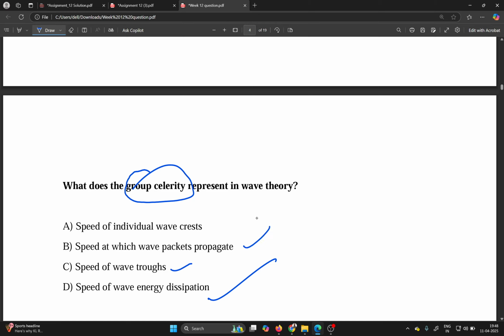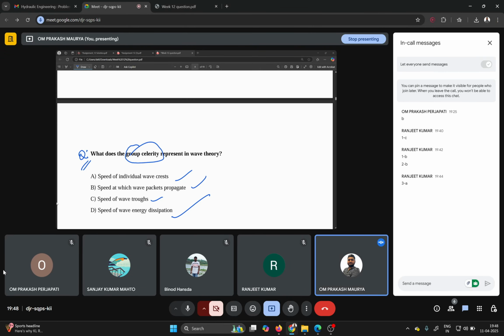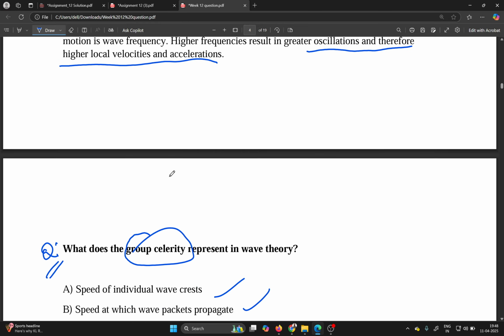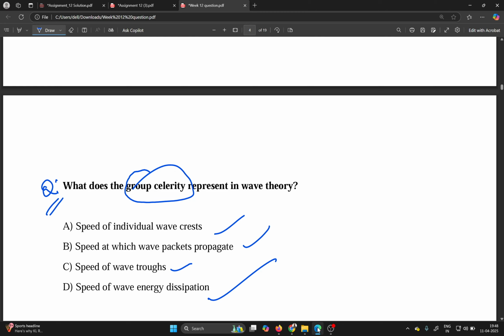Which option will be correct for this question? Here numbering is not given. Anyone can please write the answer for this question. For the previous question, the answer was A, that is the wave frequency. For this question, anyone can write the answer.